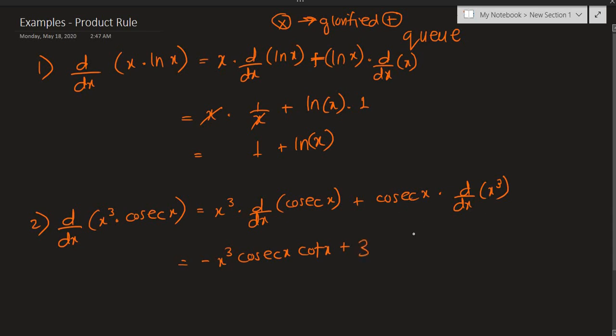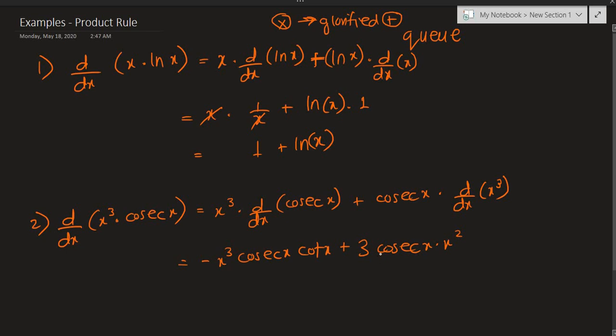So bringing the 3 outside, writing the 3 up front, 3 times cosecant of x as it is because it was waiting in this part of the expression, times x squared. So hopefully you could see easily how we can apply the product rule.